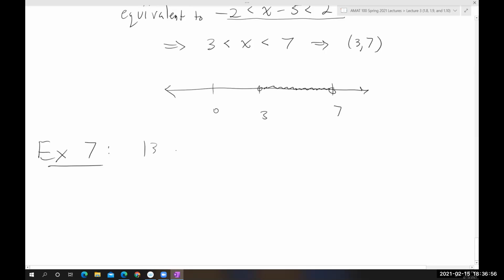So example 7 is the absolute value of 3x plus 2 is greater than or equal to 4. We have to remember what it means when an absolute value is greater than or equal to a number.